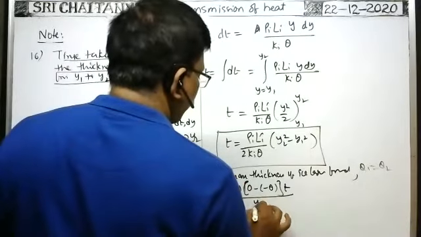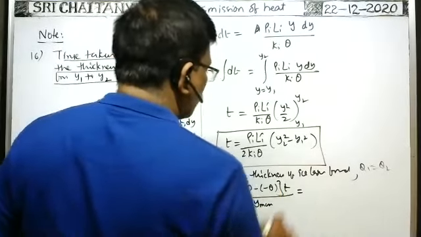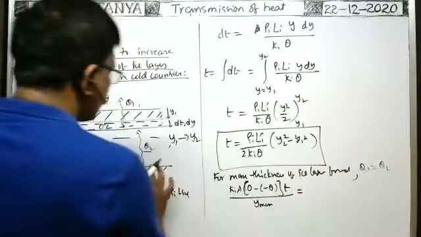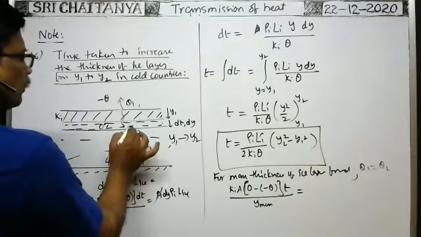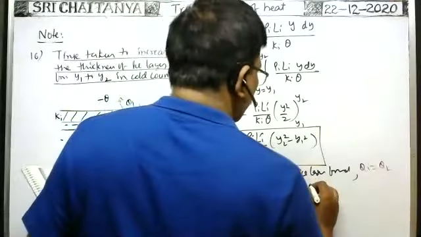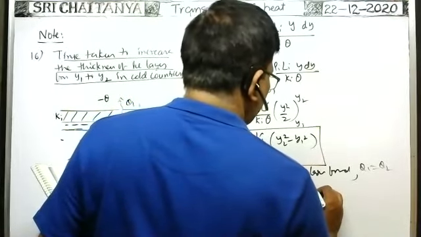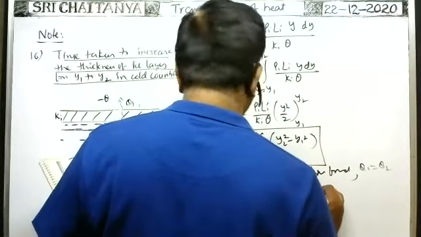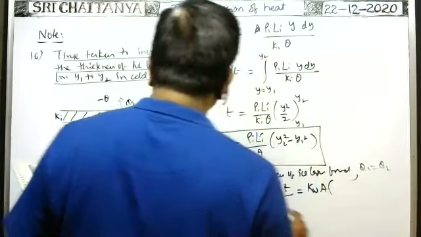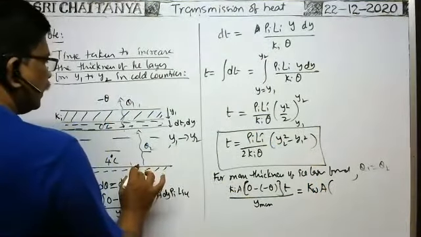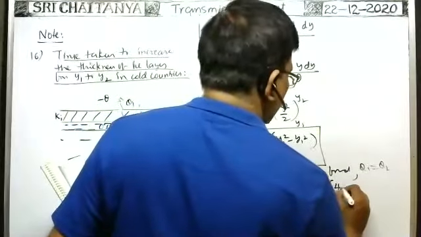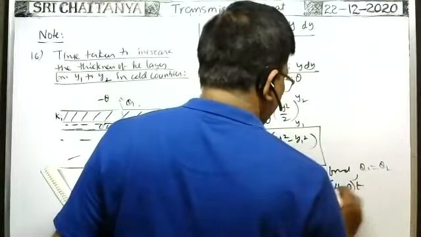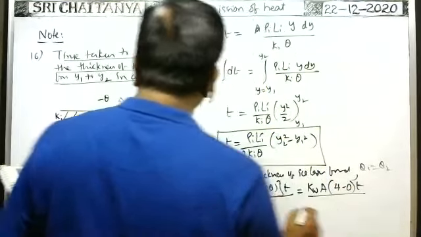Maximum thickness of the ice layer formed, y max, is equal to the heat energy transmitted through this water, as the heat energy transmission is from 4 to 0 here. So coefficient of thermal conductivity of the water Kw into area A into temperature difference theta minus 4 minus 0 into time t, same time, by thickness.